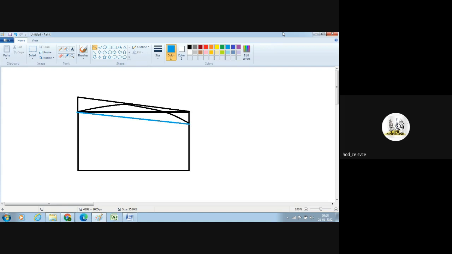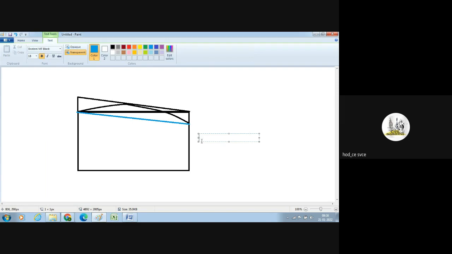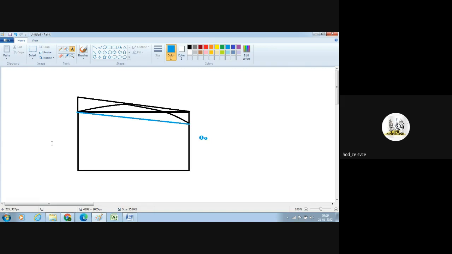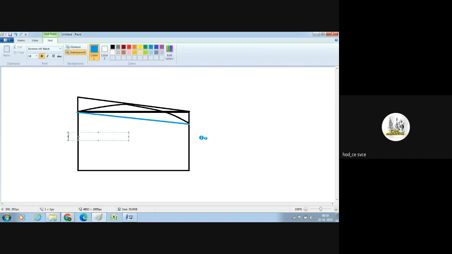See here, this is the figure, and this is the ordinate O1. This is O naught, right? This is the O1.